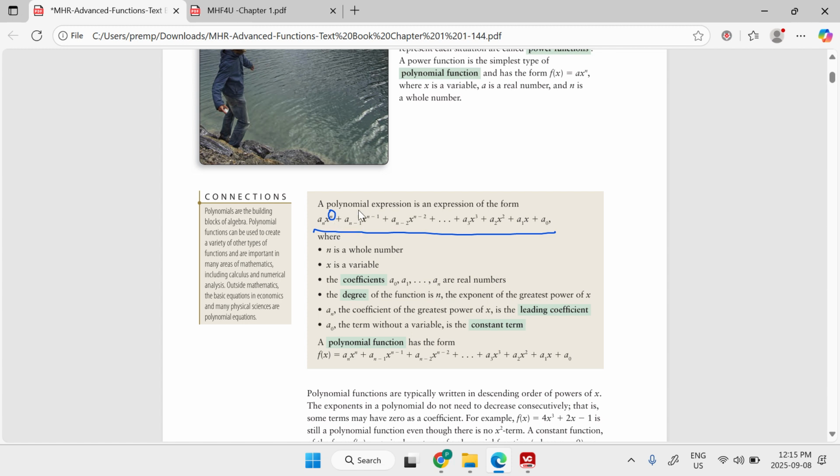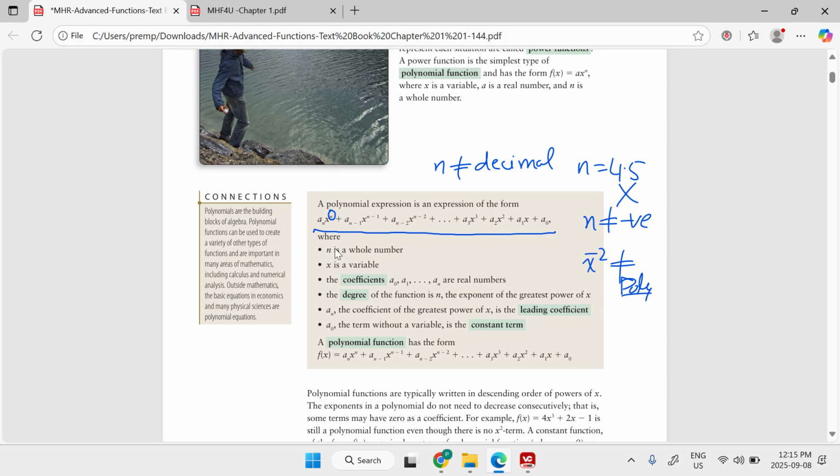This value n cannot be a decimal, like n equal to 4.5, because then it's not a polynomial function. And n cannot be negative. If you have x raised to power negative 2, it's not a polynomial function, sorry.